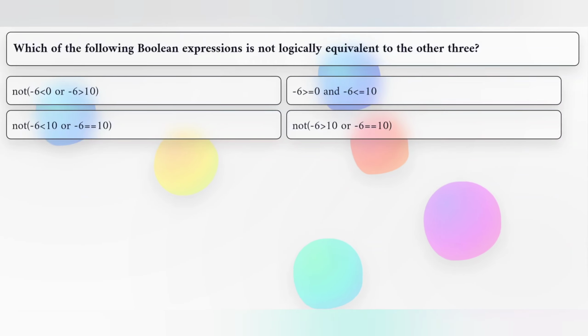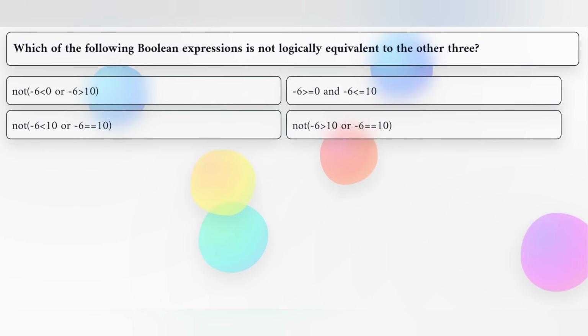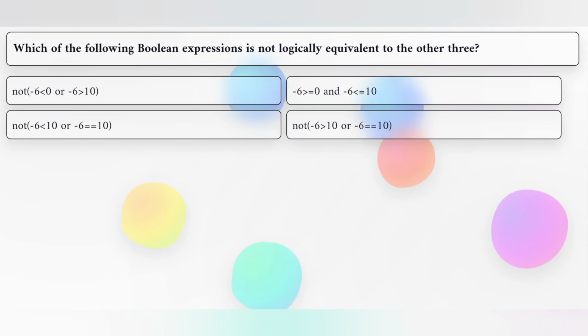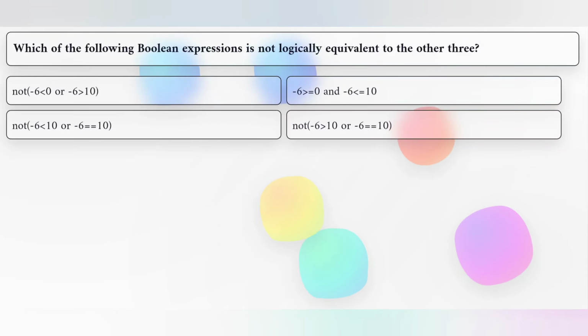Which of the following Boolean expressions is not logically equivalent to the other three? Not -6 less than 0 or -6 greater than 10; -6 greater than equals 0 and -6 less than equals 10; not -6 less than 10 or -6 equals 10; not -6 greater than 10 or -6 equals 10.